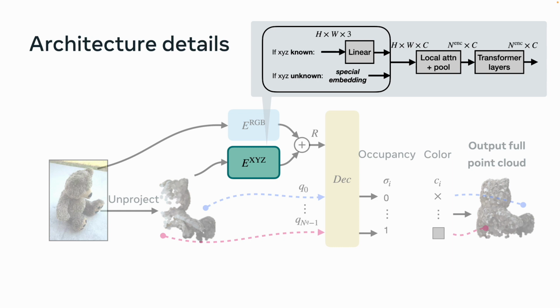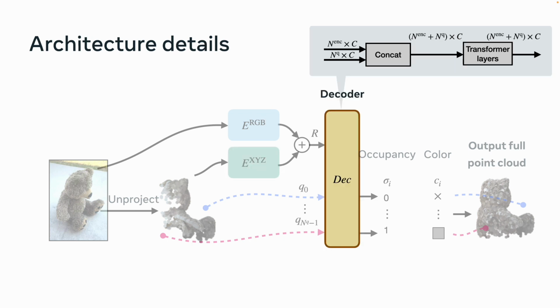Specifically, if a pixel has a known XYZ coordinate, we linearly project it to some latent space, and if a pixel has an unknown XYZ coordinate, we use a special embedding to represent the coordinate of that pixel. Then, we use an attention-based patch embedding layer to convert each patch into a token vector, analogous to what a patch embedding in the standard ViT does.